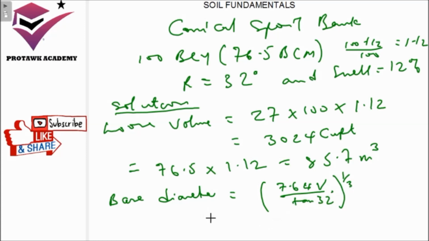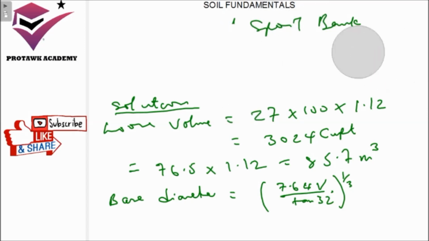So if we substitute this, let us clean or wipe the top area so that we can have a space to do our calculation. We are expressing this in feet. So we have 7.64 multiplied by the volume. The loose volume we got is 3024.